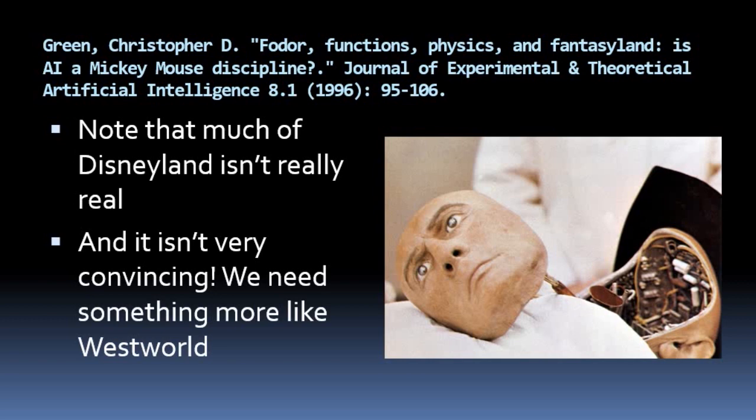So maybe we need to think about something more like Westworld. When Chris Green was writing this, Westworld was a sci-fi movie from the 70s. Now it's an HBO original, I think. There's a remake series of it. The point of Westworld is it's supposed to be a completely accurate simulation of an Old West village. Is that right?